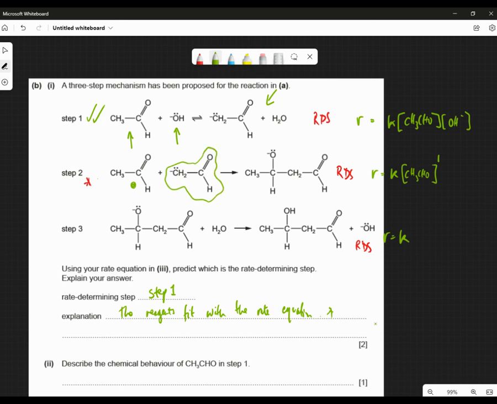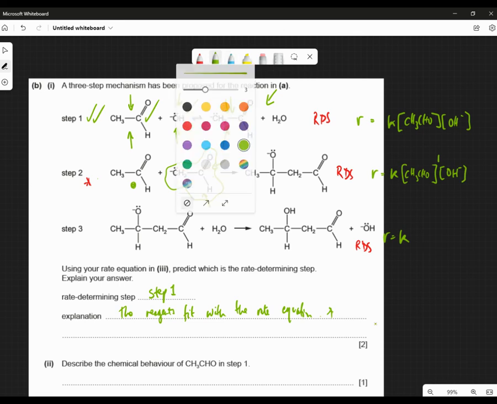That's not a reagent, is it? So where did this come from? Well, this came from there. And how did we make this? We made this with one of those and one of those. So to make this, we have to have one of these and one of these. So they must go in the rate equation as well. So there's one.